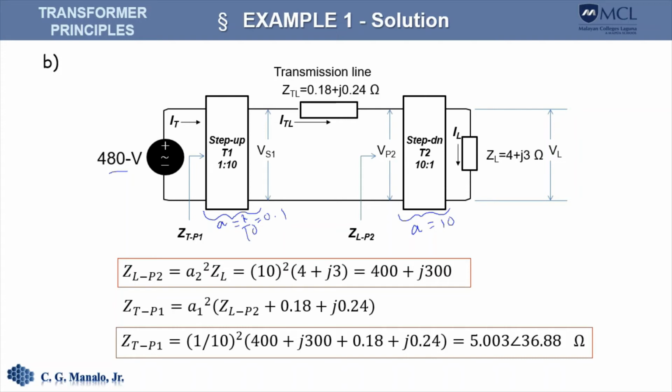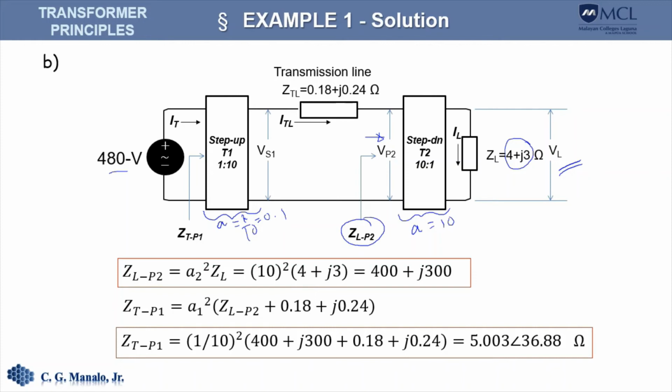Now to solve this voltage and the transmission loss, we need to reflect the impedance on the other side of the transformer. So, for example, this impedance would look different in the primary. Let's call that impedance this one.